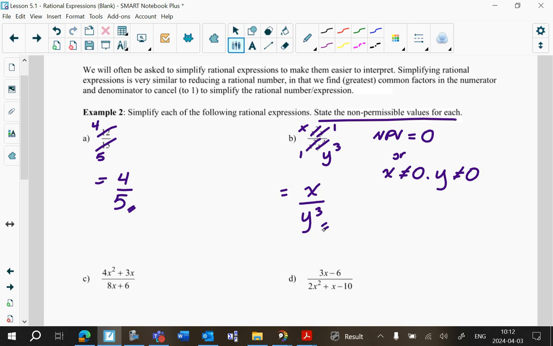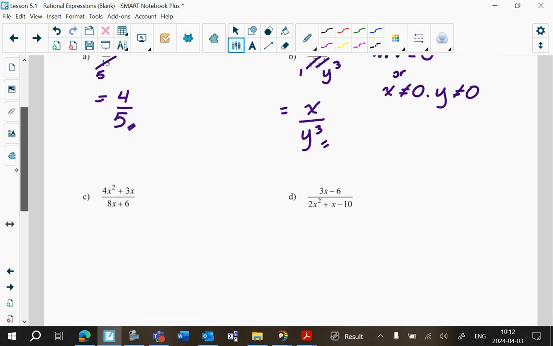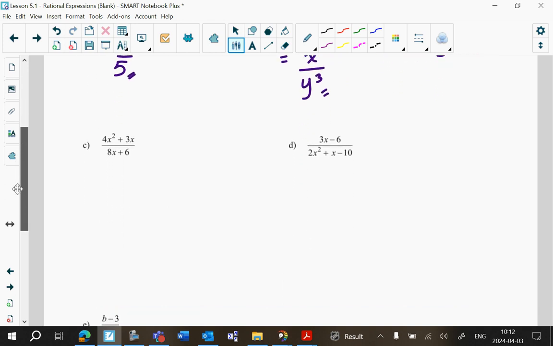Okay. These next 2. Remember, to find non-permissible values, we always tried to factor if we could, right? Same with reducing. Okay, so the first thing, these top two, we weren't able to factor them.